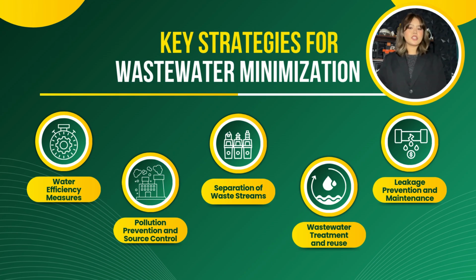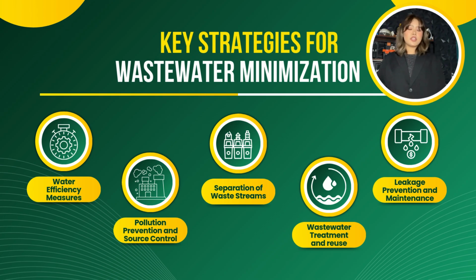Next is pollution prevention and source control, which is the practice of cleaner production techniques, process modification, and pre-treatment systems to remove hazardous substances before the wastewater is discharged into municipal sewers or other water bodies. Next is the separation of waste streams.